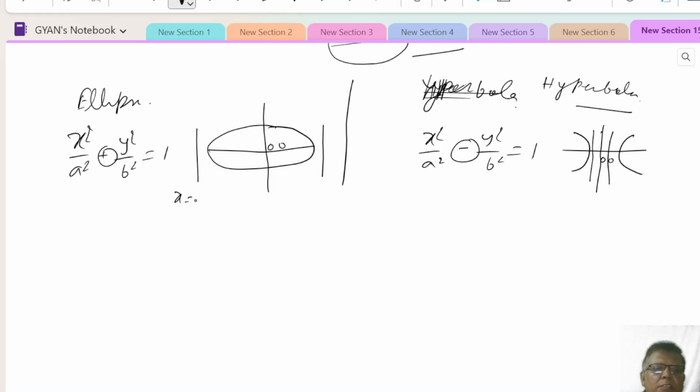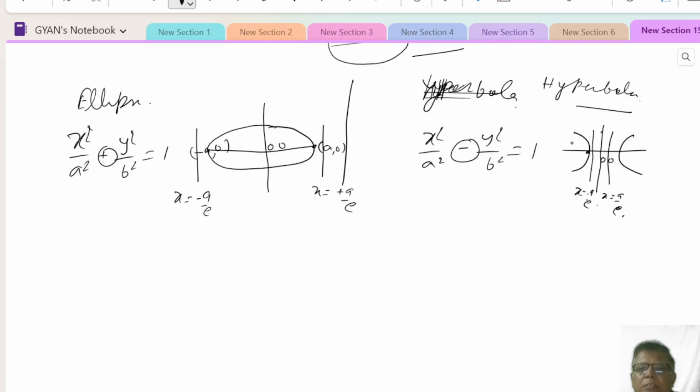The directrix equations are x is equal to minus a by e and x is equal to plus a by e. Here also the same thing: x is equal to minus a by e and x is equal to plus a by e. This is a, 0 and this is minus a comma 0.